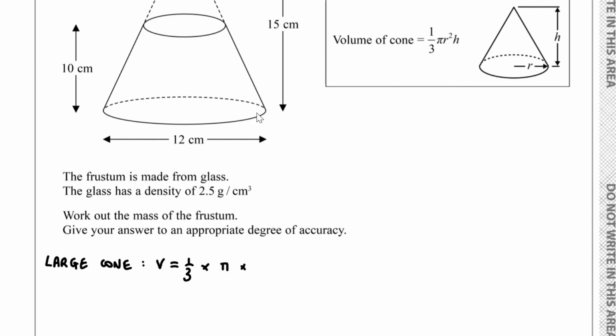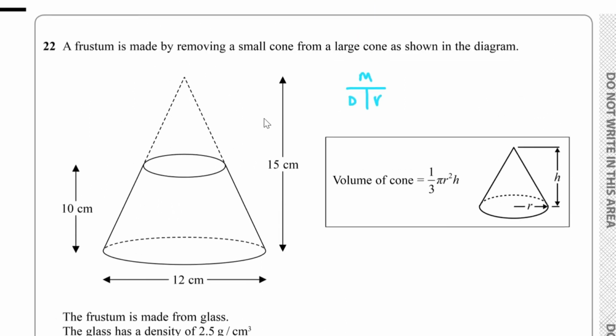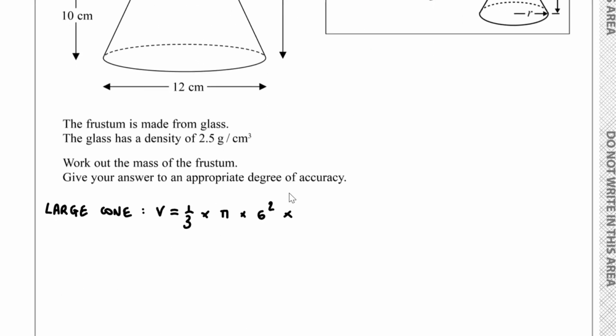Well, if here the diameter is 12, the radius here will be 6, so we multiply by 6 squared and times by the height, which is 15. And if we work this out, we get 180 pi centimeters cubed.